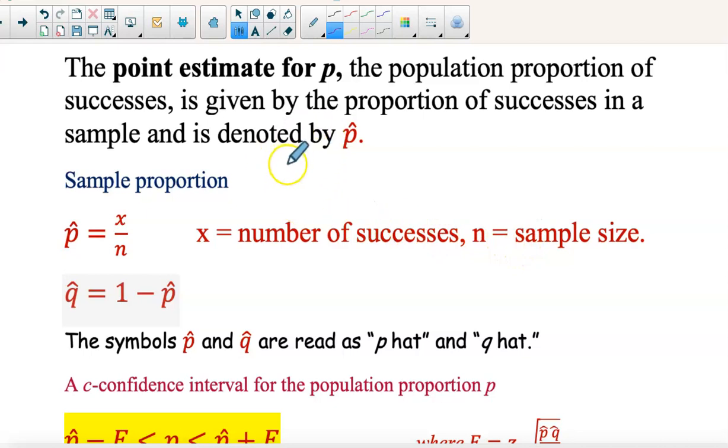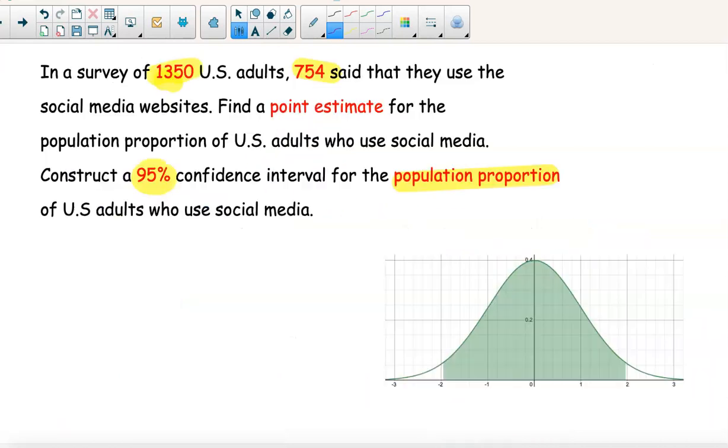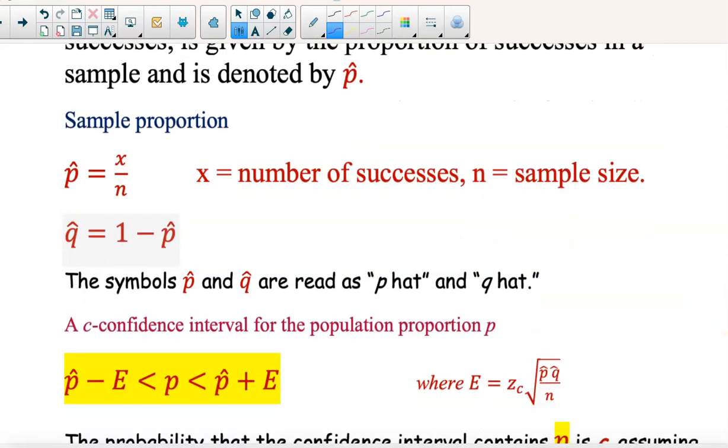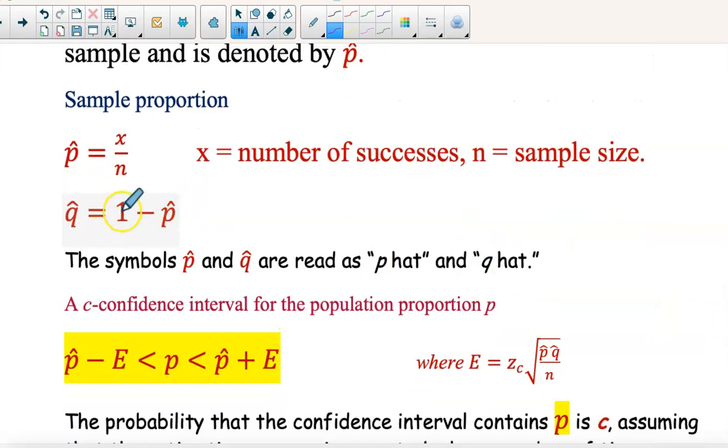In this problem, 754 people said yes, so that is a success out of 1,350. And q hat is the opposite of p hat. This is a success, the other one is a failure, and you get it by subtracting p hat from 1. 1 minus p hat gives you q hat.